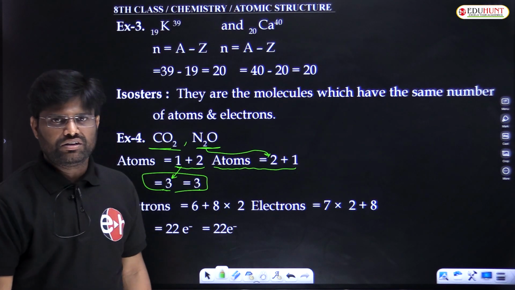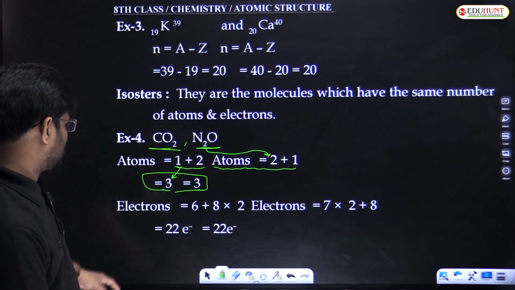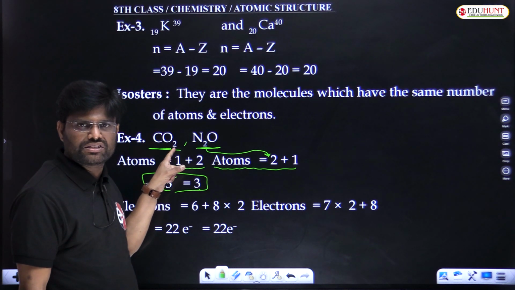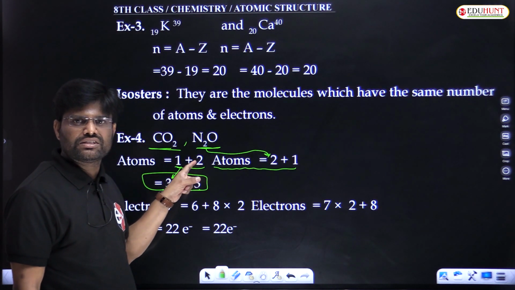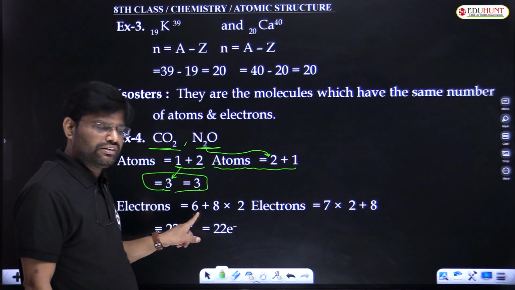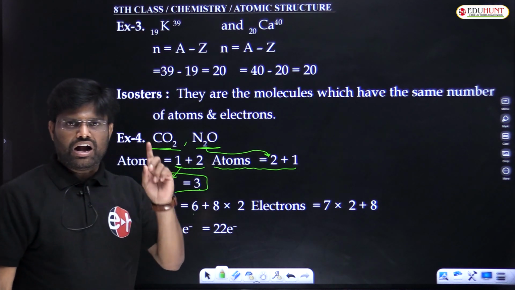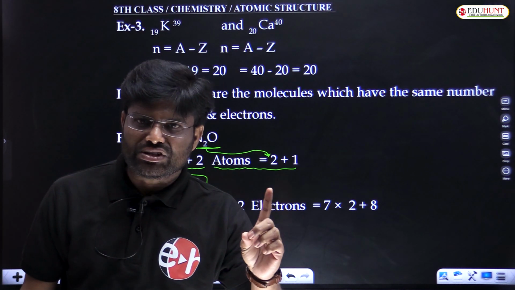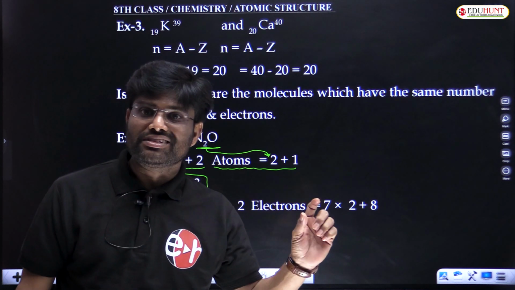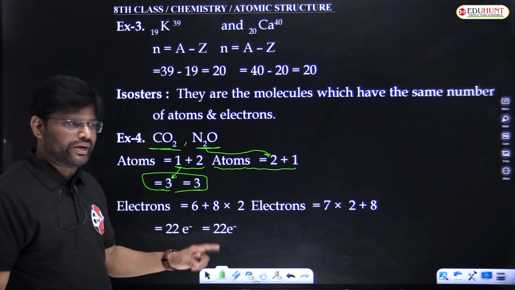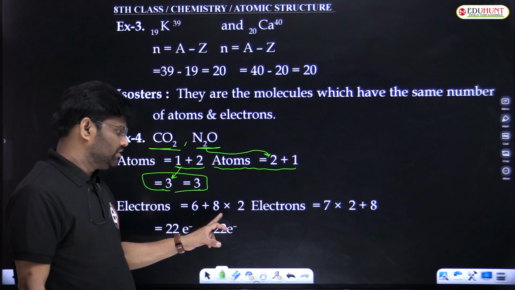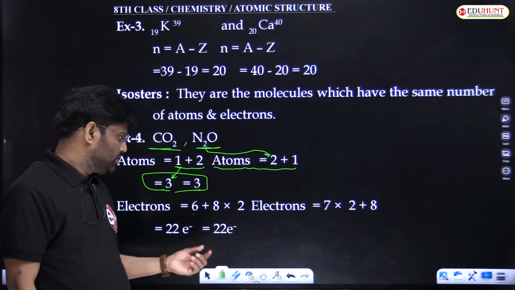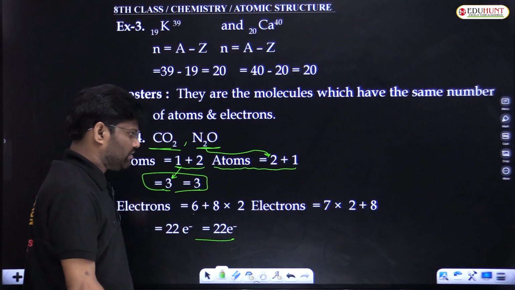And also electrons: carbon atomic number 6, electrons also 6. Next oxygen, atomic number 8, electrons also 8, but there are 2 oxygens, 2 into 8, so the total is 22 electrons.